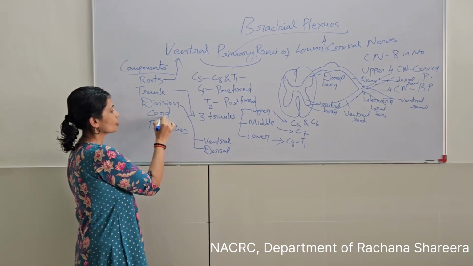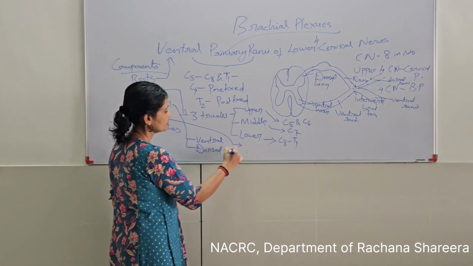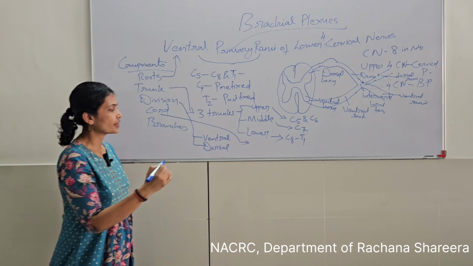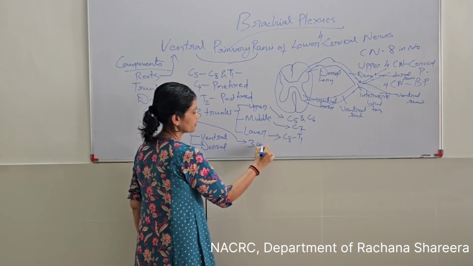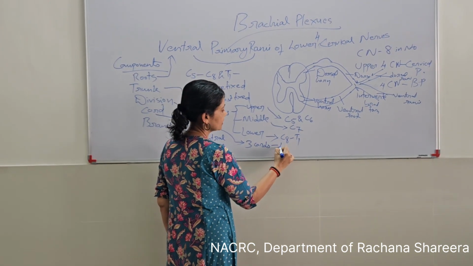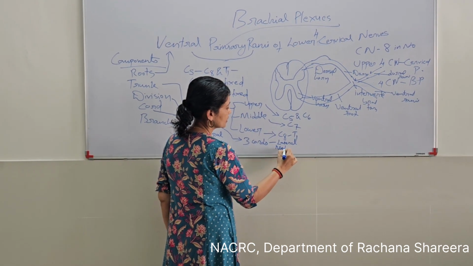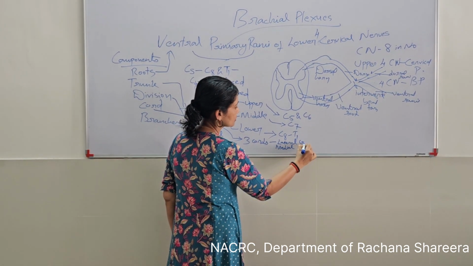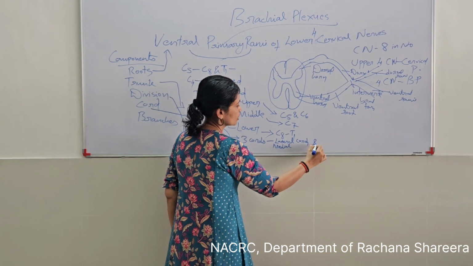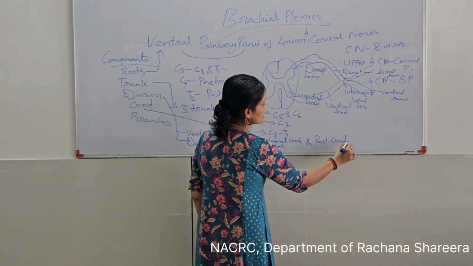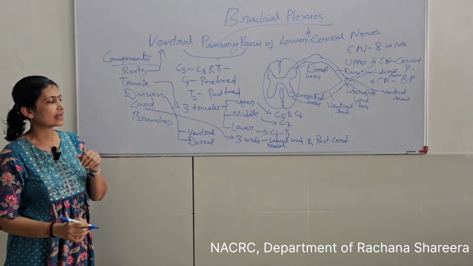Next we shall move on to the cord. Now these divisions unite to form the three cords. They are the lateral cord, medial cord and posterior cord. So I will give you a schematic diagram.